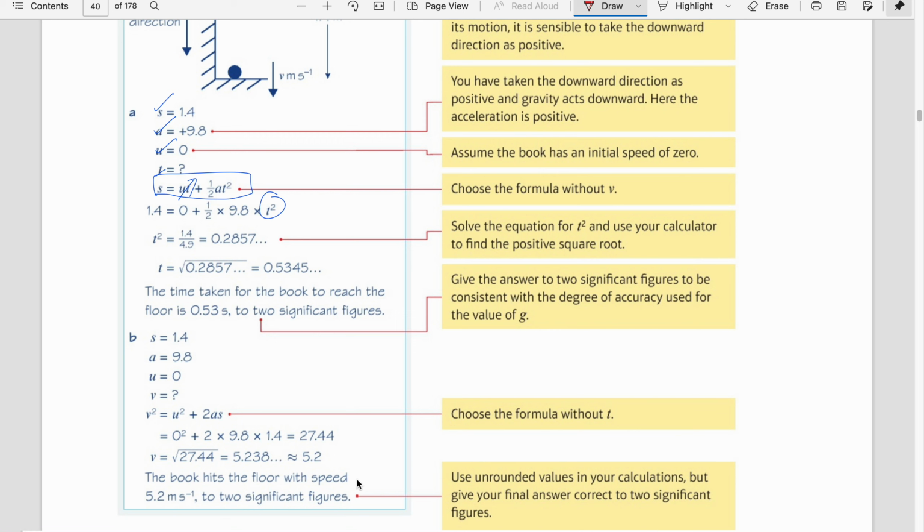So again the formula: final velocity squared is equal to initial velocity squared plus 2as. Just rearranged, 2as equals v squared minus u squared, and there you go.